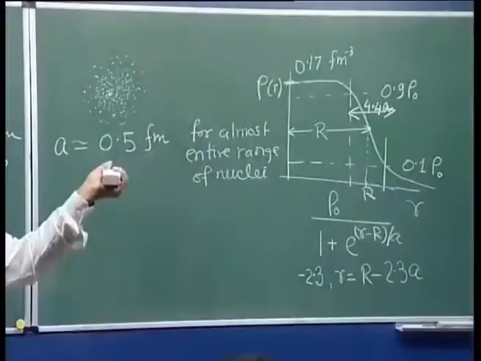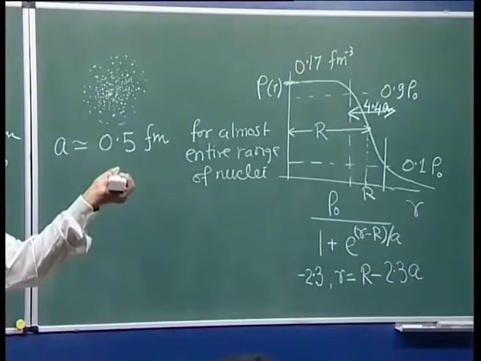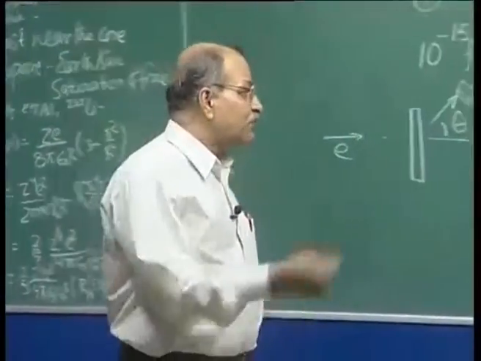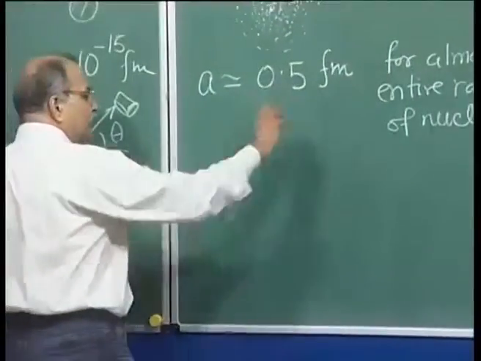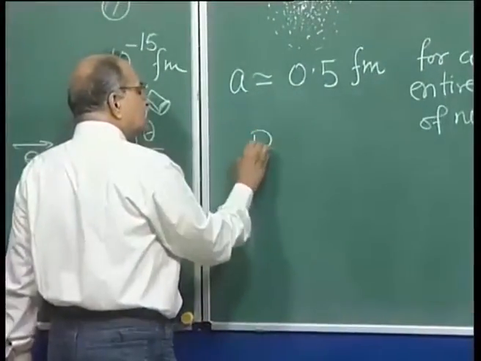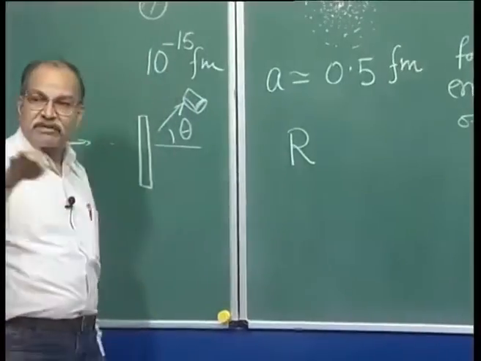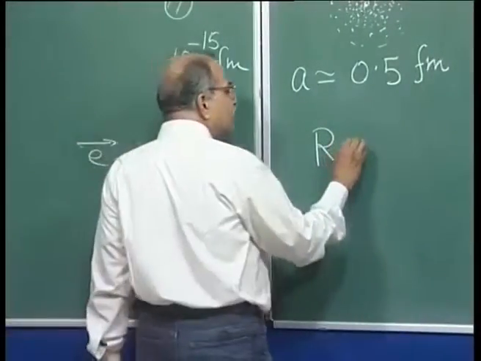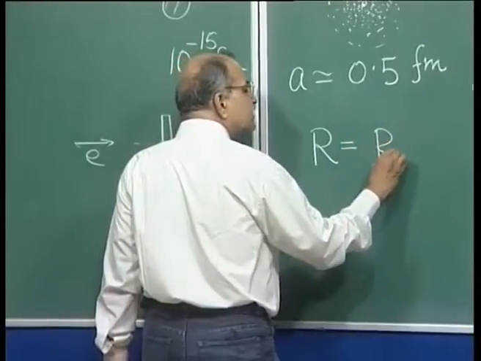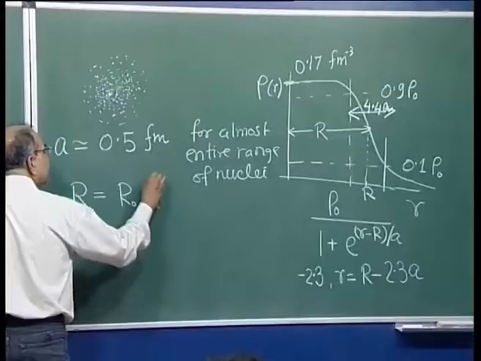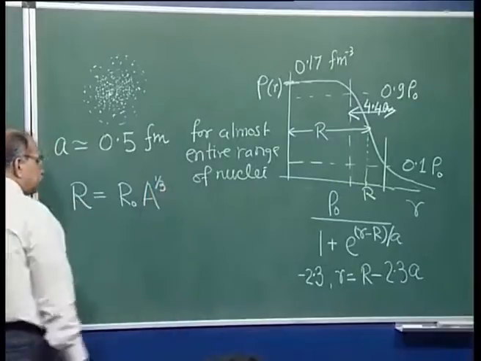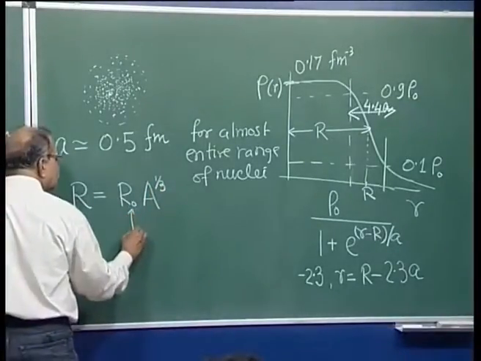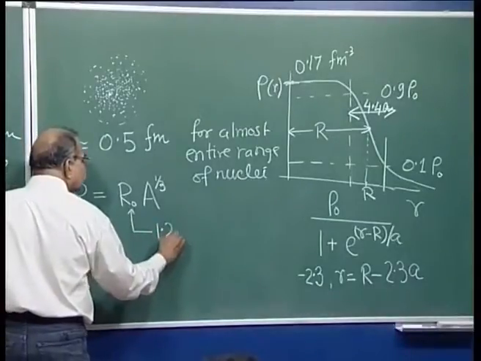Small a is almost the same for all nuclei, but capital R will be different. If you calculate this capital R from different kinds of nuclei, you find that R turns out to be some constant times A to the power 1 by 3, with this R naught almost 1.2 femtometers.